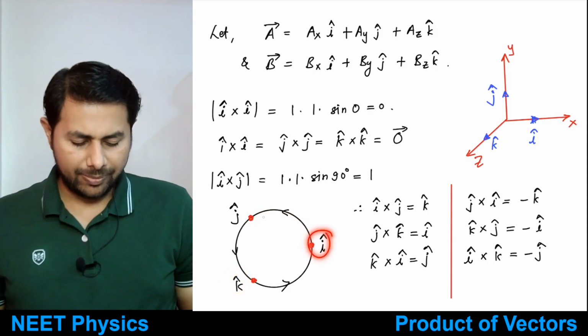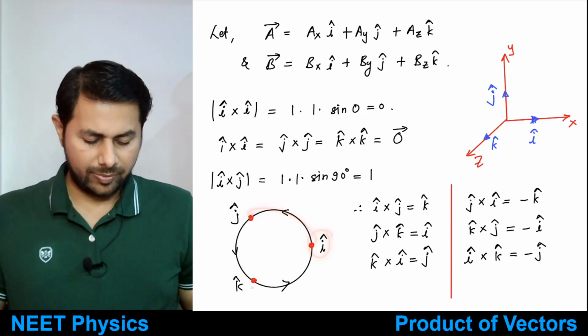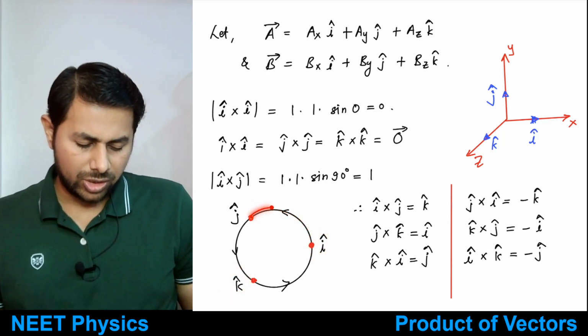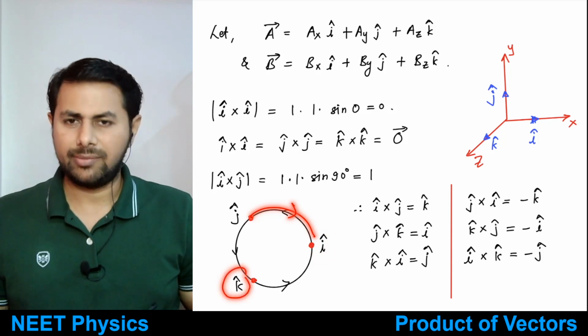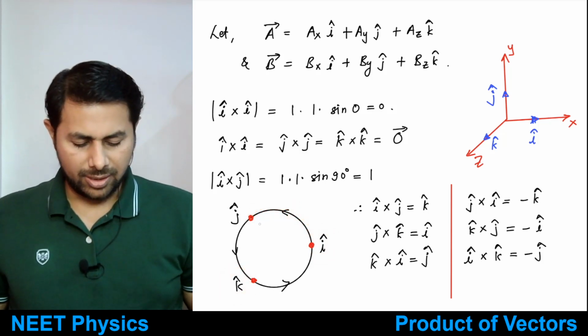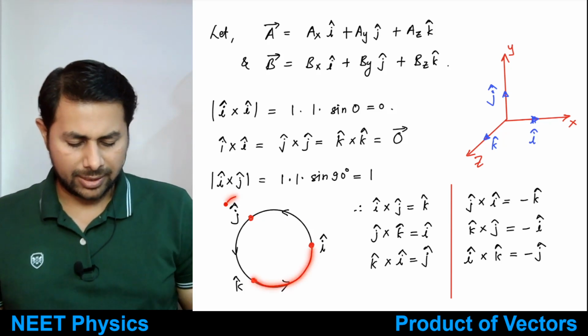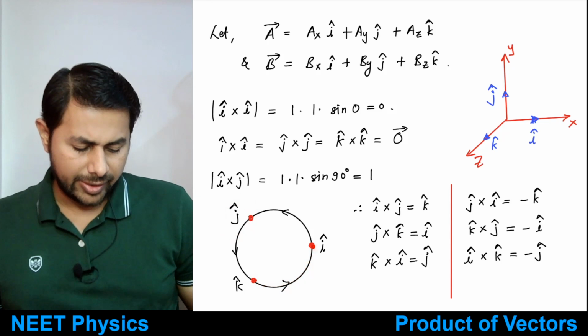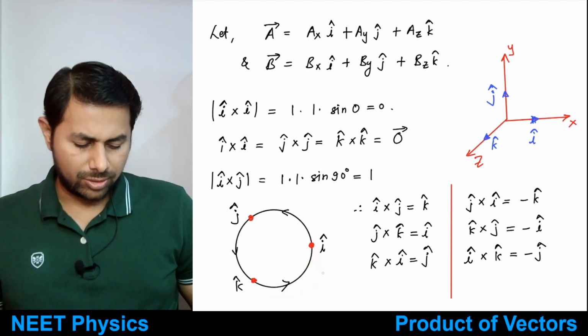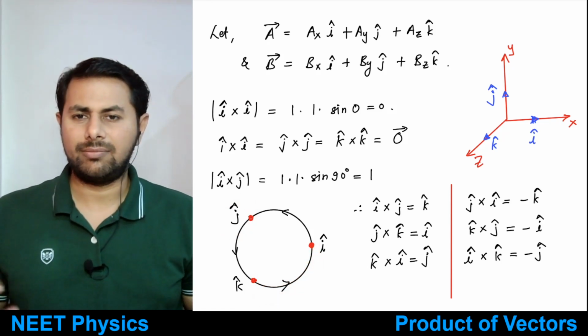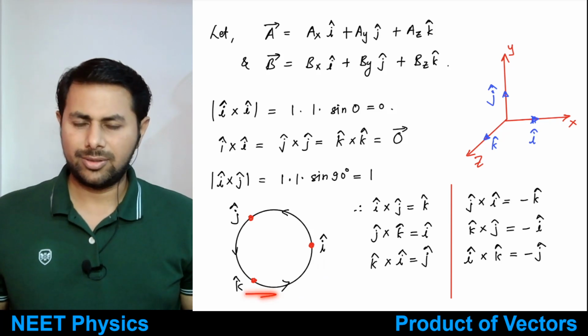So i cap cross j cap would be plus k cap, but j cap cross i cap is minus k cap. Similarly, k cap cross i cap is j cap, but going opposite to the arrow, i cap cross k cap is minus j cap. So this thing is clear?